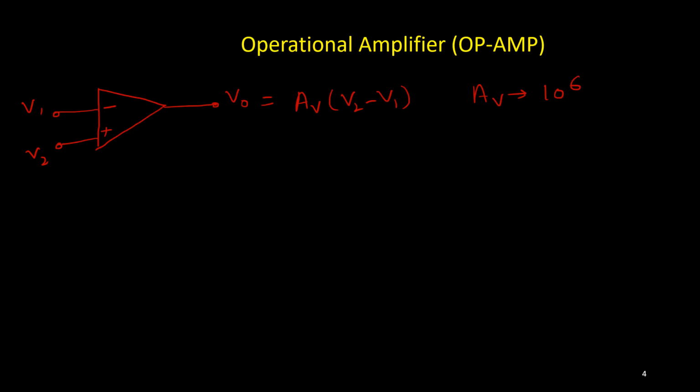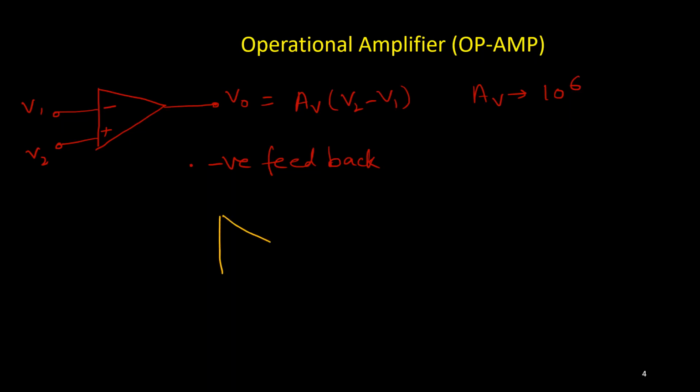Thus, to use it as a practical amplifier, you have to use this op amp with negative feedback. And you know that negative feedback will reduce the gain. So the gain is reduced from 10 to the power 6 to some reasonable values like 10, 50, like that.